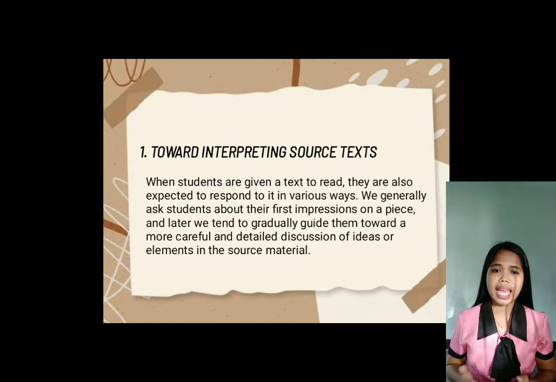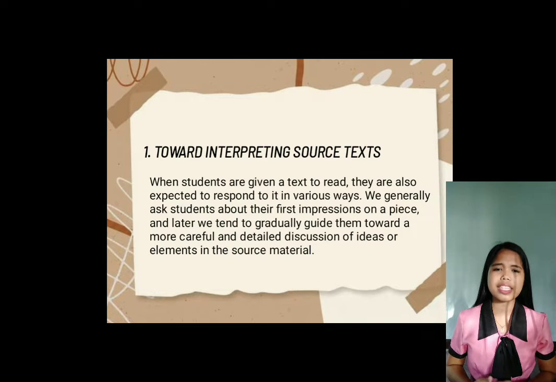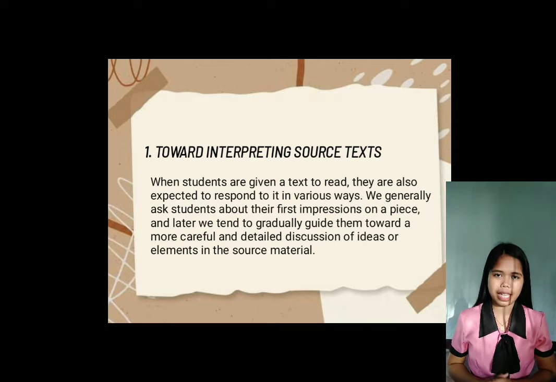This is why it is vital to encourage our students, especially at upper, intermediate, and advanced levels of instruction, to respond to source text by interpreting and evaluating them critically, making use of the right language choices in order to respond effectively.